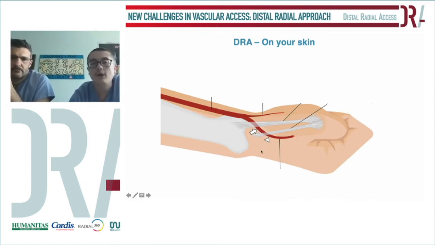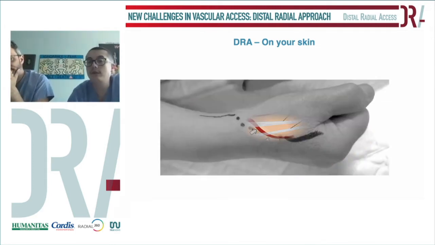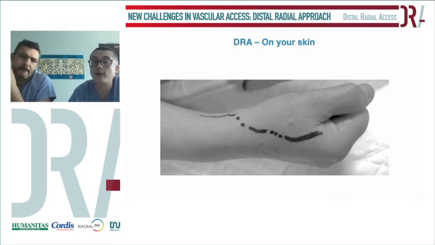But obviously, the question is how to translate this scheme on your skin. It's not difficult, because this is something that we did at the first phase of our learning curve. We draw where we felt the pulse. Obviously, here we felt the pulse of the conventional radial artery.